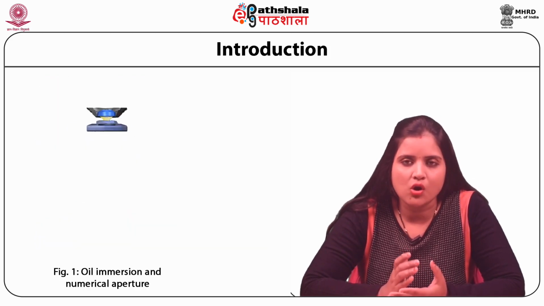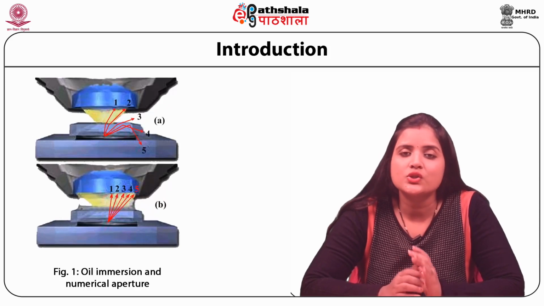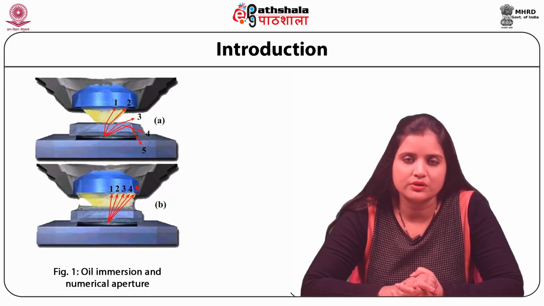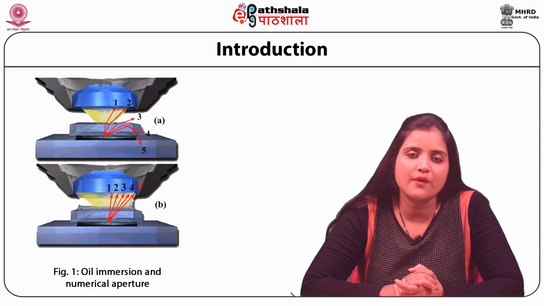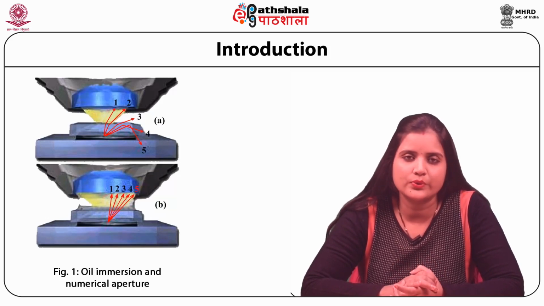All the diffraction orders need to be collected in order to successfully reconstruct the image of the object. This ability depends on the refractive index and opening angle of the lens which is used.